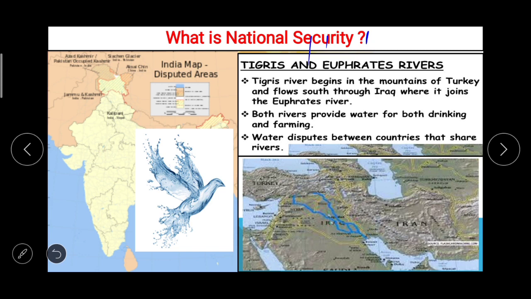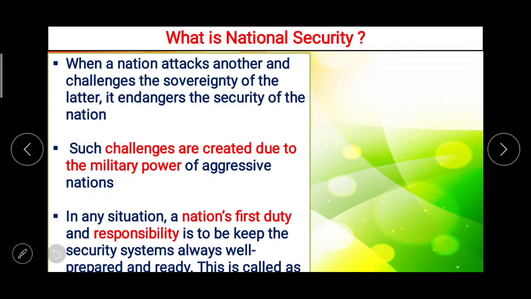So, both rivers provide water for both drinking and farming, but there are water disputes between countries that share rivers. So, it is sought to be resolved by compromises and discussions. The first thing that is done is that some compromise is made, or discussion is held to solve that problem.